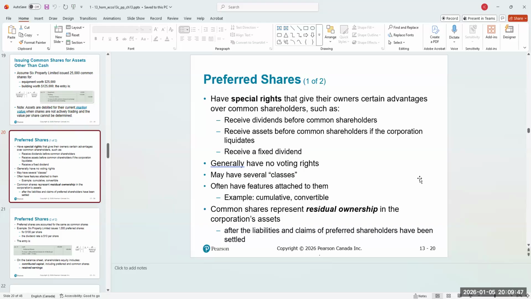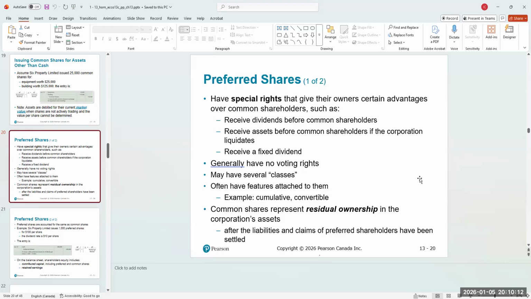Another benefit is that once the company comes to an end, preferred shares get whatever they are entitled to, and if there's anything left, that goes to the common shareholders. Also, they may have a fixed dividend.